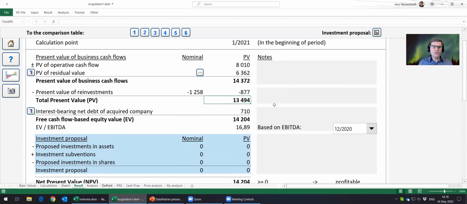So this total present value is the same as enterprise value. But then when you adjust for debt, you have the equity value. When you buy a company with debt and everything, then this is the transaction price.